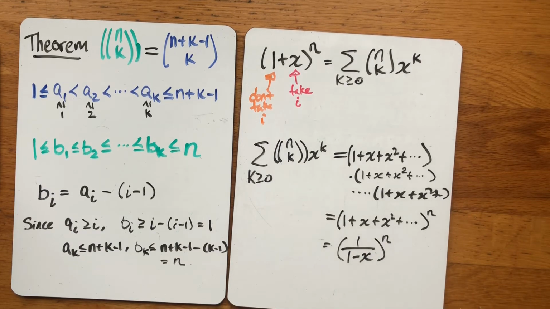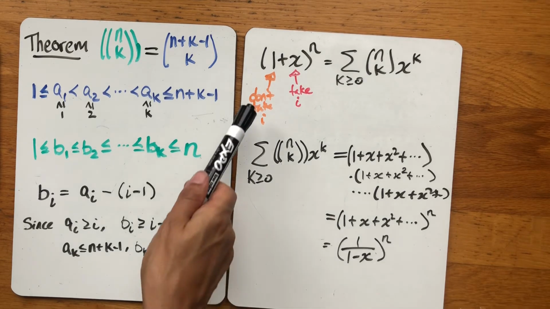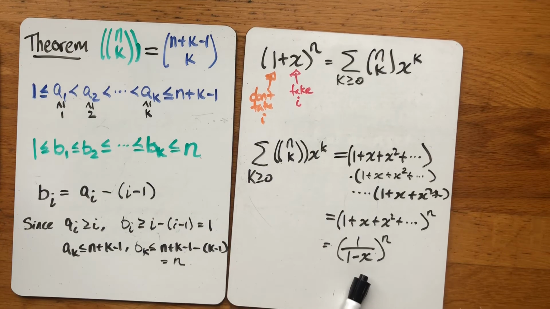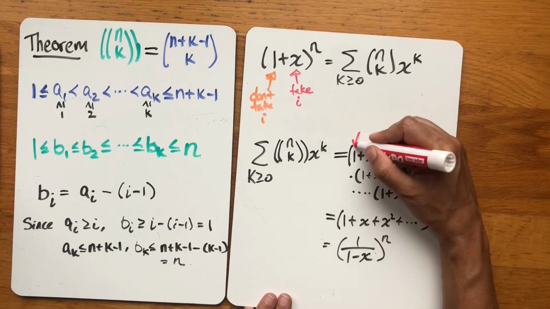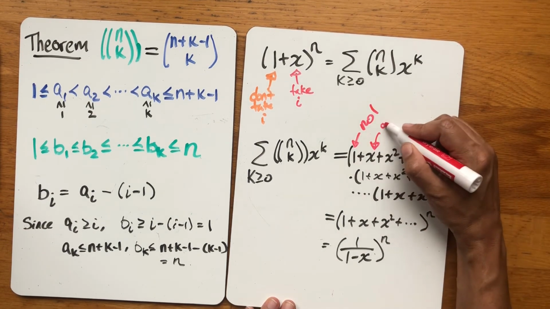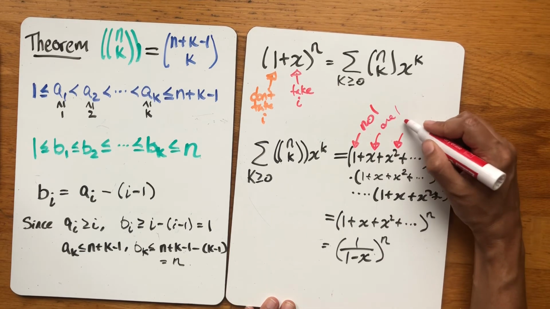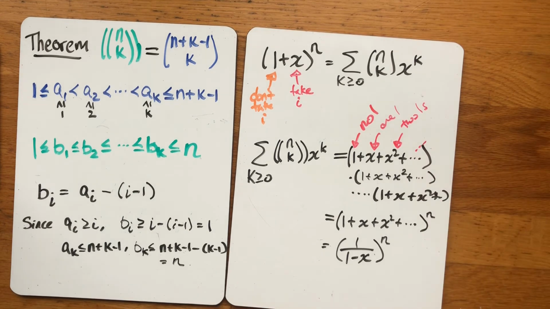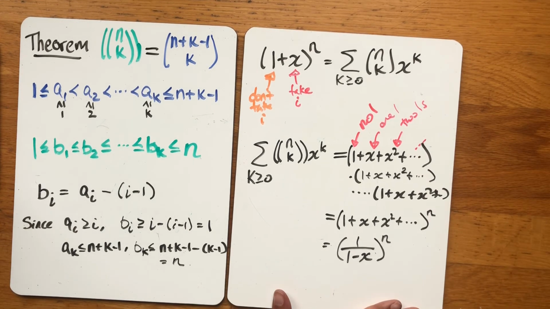So we can see a nice relationship between the generating polynomial that we got here, which is in fact a polynomial, and the generating function that we get here. And again, this first term you can think of as no 1s, this is 1 one, and this is 2 ones, and so on. So you're taking each term as many times as you want, and that's how we get the generating function for choosing with repetition.